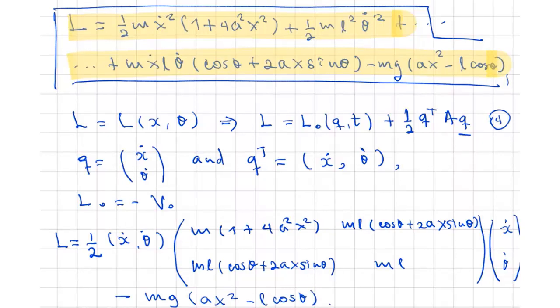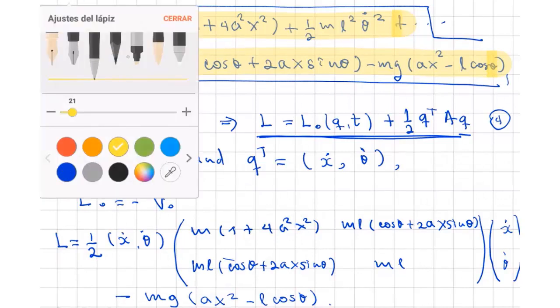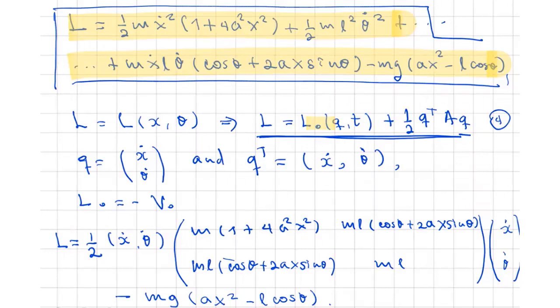Okay, guys, so this is the Lagrangian expressed in this form, with L0 representing the potential energy and 1/2 of qt A q representing this first term, this row matrix with this matrix with this one, this multiplication.